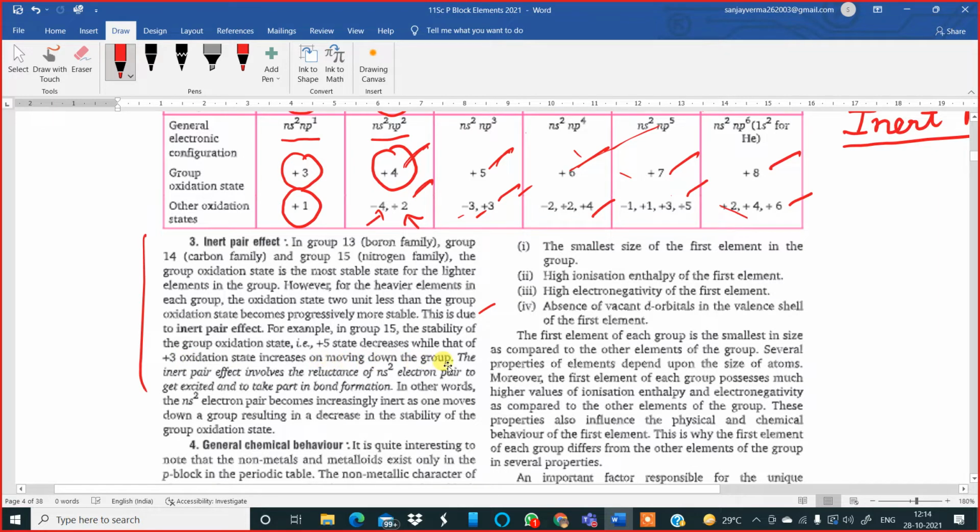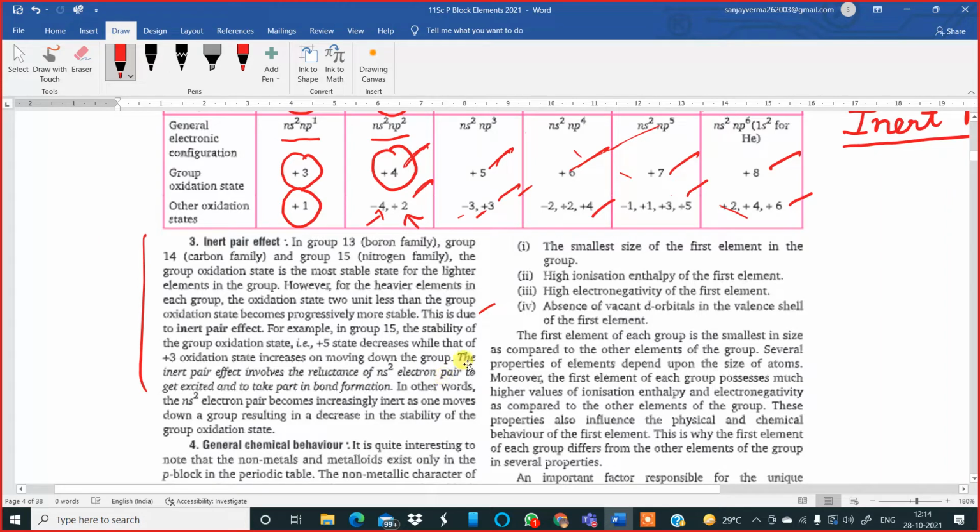That means for group 15 elements, nitrogen, phosphorus, arsenic, antimony, bismuth, the group oxidation state is +5, but when you move down, +3 becomes more stable. That means these elements are most conveniently found in their compounds in the +3 oxidation state.